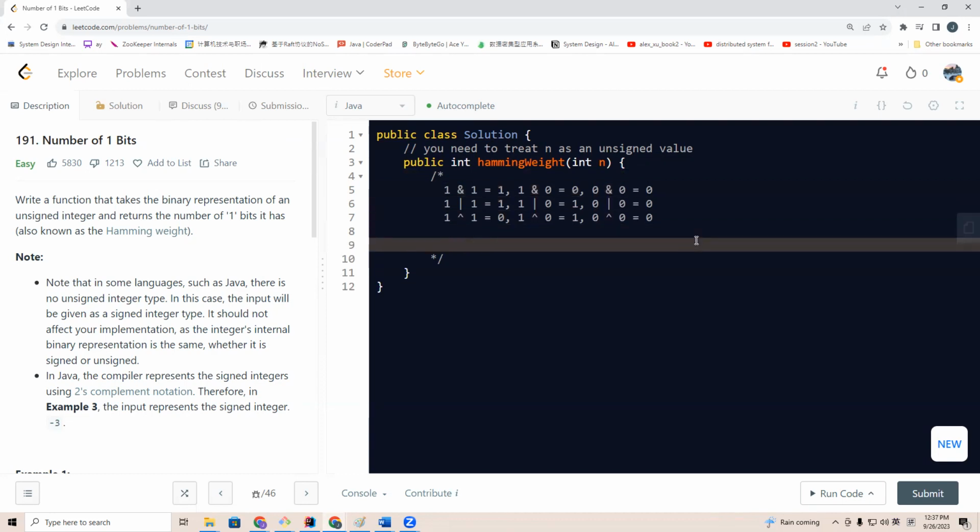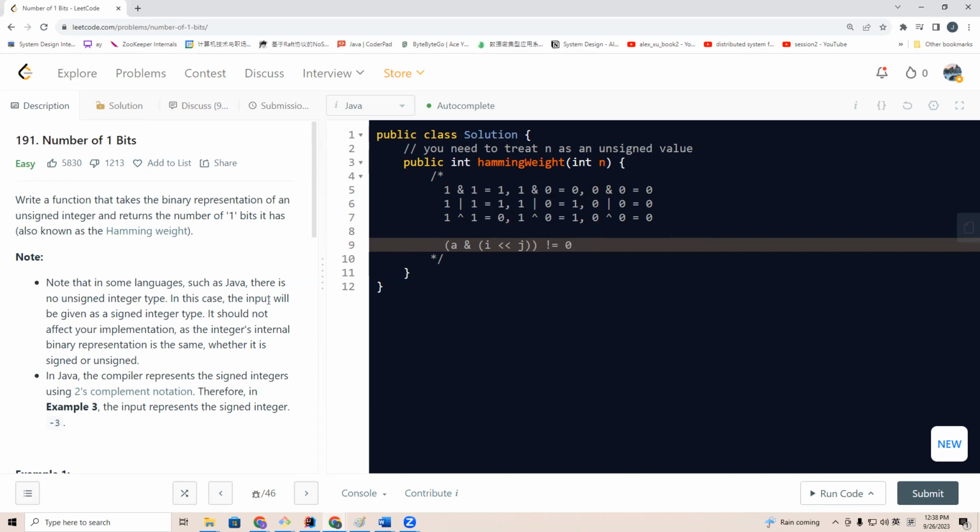The second thing we want to review is that if we want to check whether the j-th bit of a number is 1 or not, we can say if A, right shift j, AND 1, not equal to 0. So you can check whether the j-th bit of this number is 1 or not.